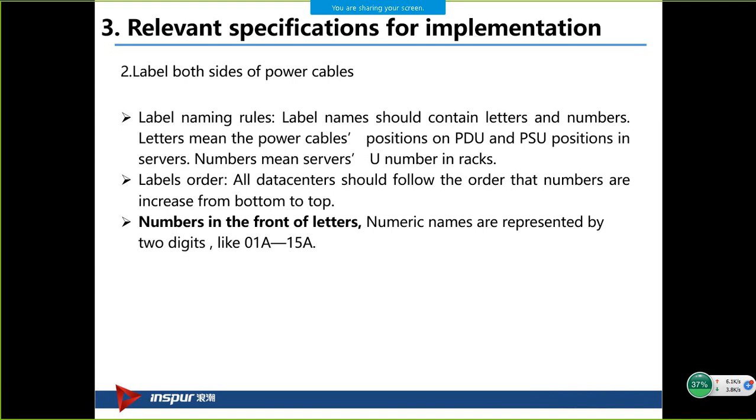You can talk with them, and otherwise you can follow these requirements in our PowerPoint. And the label order: all data centers should follow the order that the numbers increase from the bottom to top, and numbers come in front of the letters, for example 1 before A, 2 before B, like this.